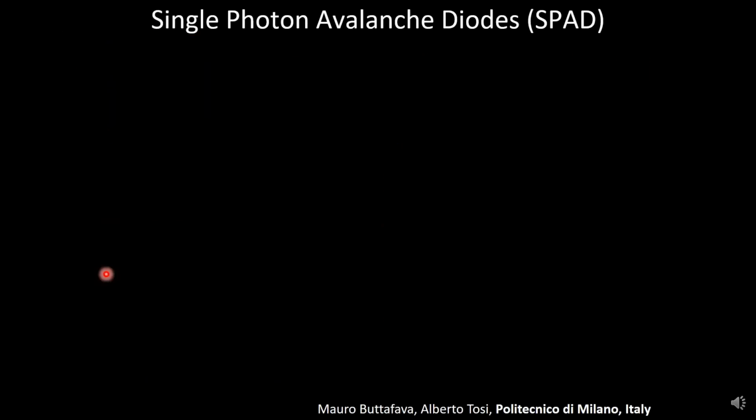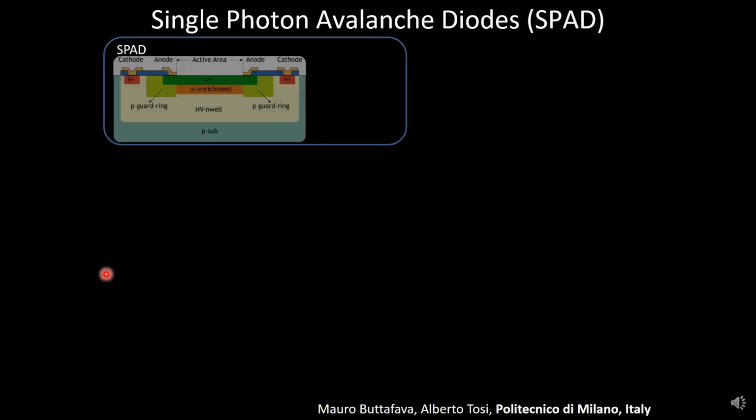And that gets us to the way we actually detect the light. The detectors we use are called single photon avalanche diodes. Basically they're photodiodes with a high reverse bias, so that a single photon hitting them will create enough current to be detected.